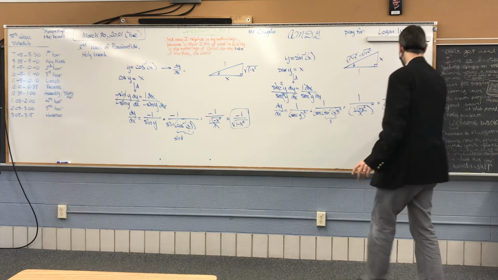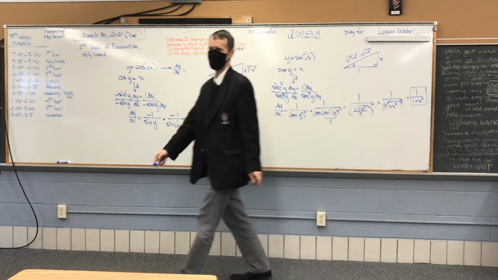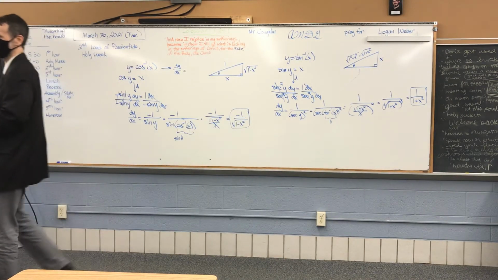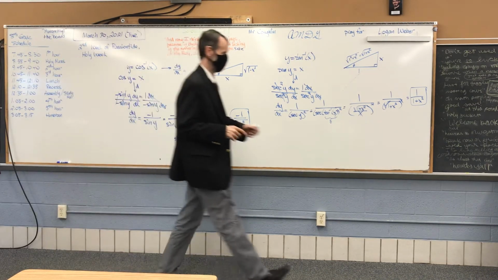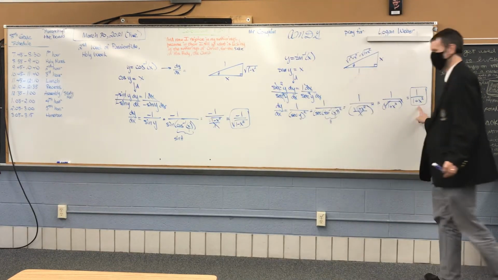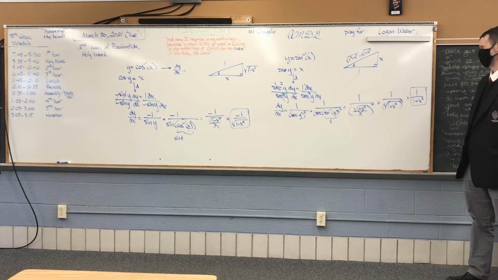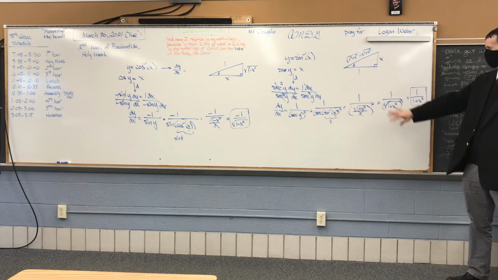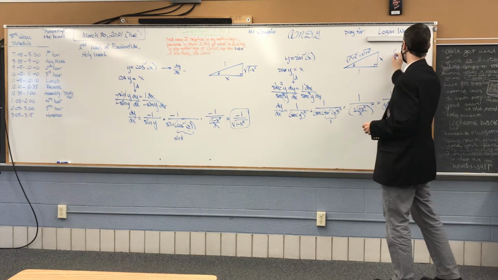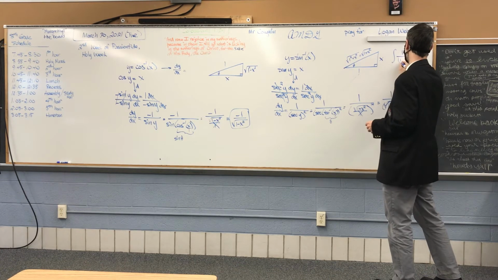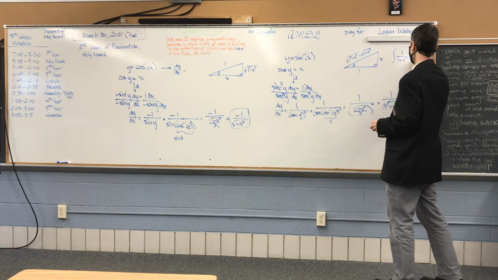We actually ran into this the other day on the worksheet, problem number 5, I think, that we threw away because we got the antiderivative of this and we didn't know what it was. Now we do. What if I asked you about the integral of 1 over 1 plus x squared dx?